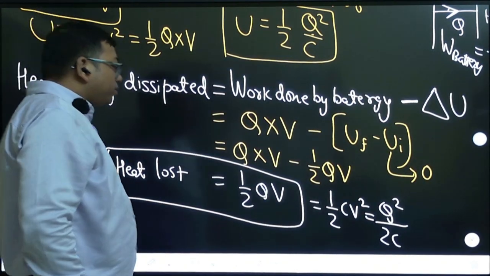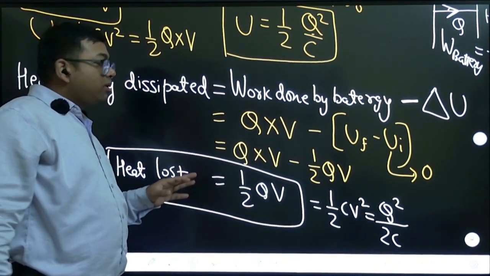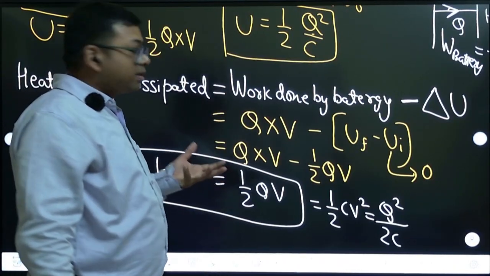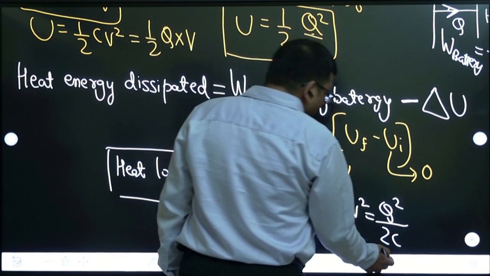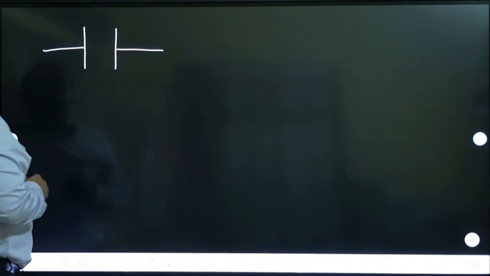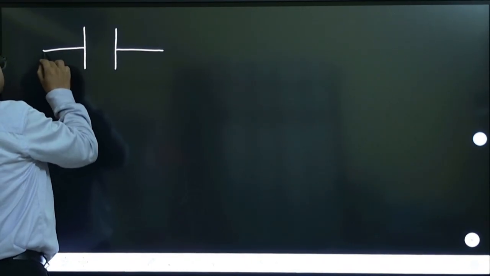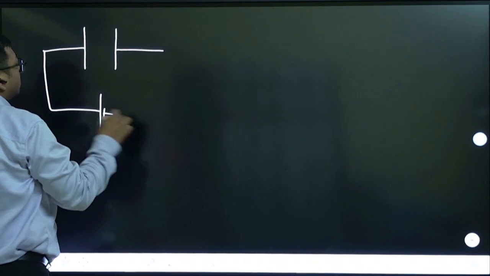Okay. Now using this idea, let us do some more calculations of different types. Some standard cases we can derive. Let us say that there is a capacitor. Let us take a capacitor, and this capacitor was charged using a battery. Voltage is V, let us say.